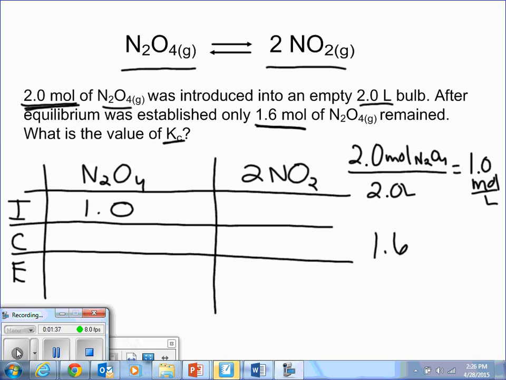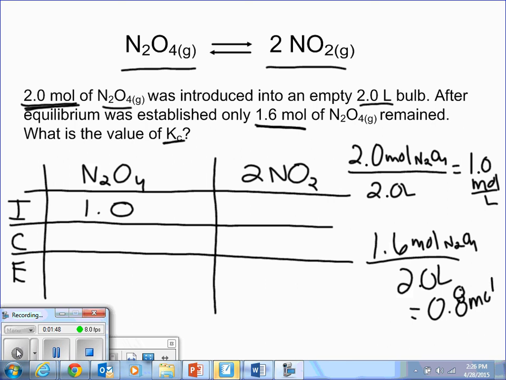So 1.6 moles of N2O4 divided by a 2-liter container gives us 0.8 moles per liter at the end. So from this information, I can determine that the change is a decrease, so it's a minus, and it was a change of 0.2 moles per liter.